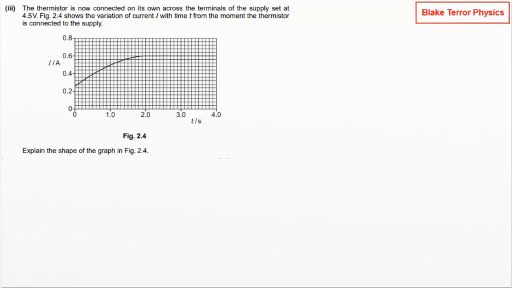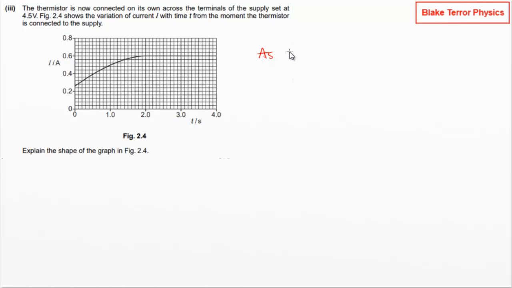Thermistor is now connected on its own across the terminals as the supply is set at 4.5 volts. Figure 2.4 shows the variation of current with time from the moment it's connected to the supply. Explain the shape of the graph. Again, it's one of these same things that we've had before.